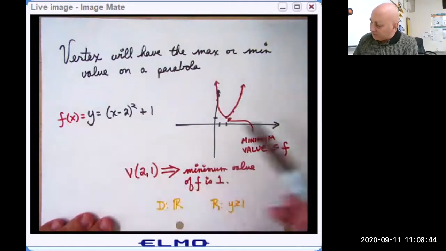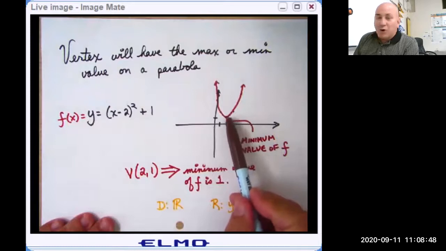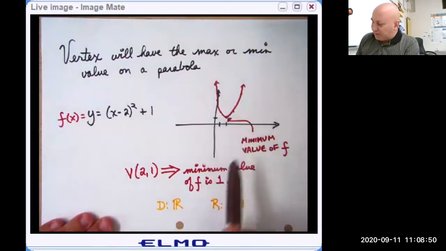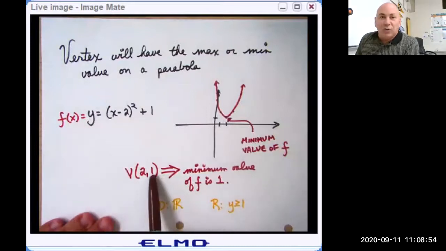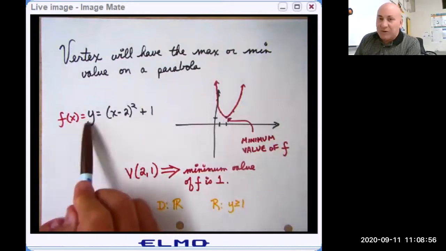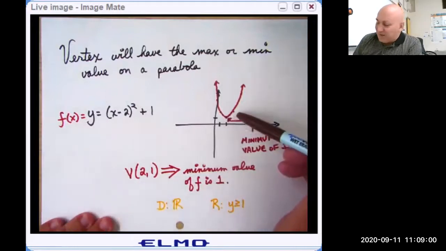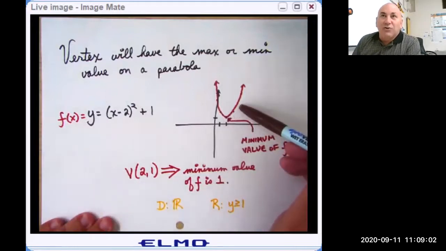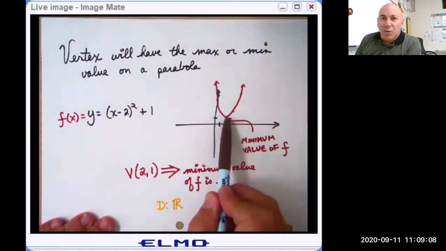So 2, 1 are the coordinates of the vertex. The minimum value of the function is 1 because the function is the y values. So if I ask for the minimum value of this function, you do not tell me 2, 1. The minimum value of the function is 1.